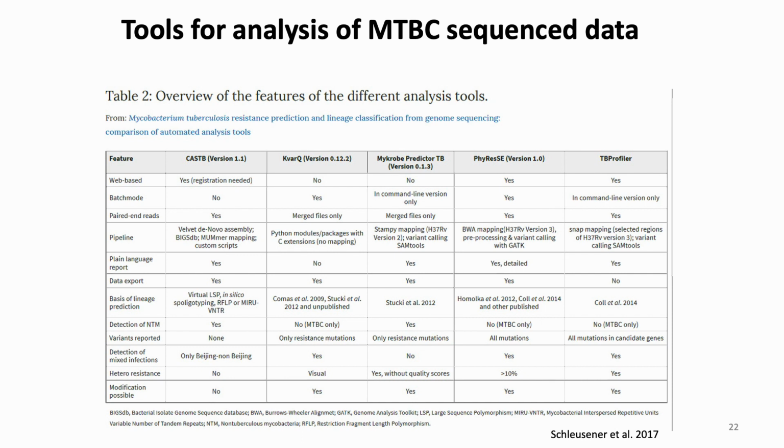To date, 3 web servers, CASTB, PhyResSE, and TB Profiler, and 2 software solutions, CRyPTIC and Mykrobe, have been developed to enable non-specialists to infer drug resistance from whole genome sequencing data. Moreover, all tools provide epidemiological typing results, which might be used for contact tracing or surveillance, and can affect patient treatment directly if a member of the MTBC is identified that is naturally resistant to one or more TB drugs.